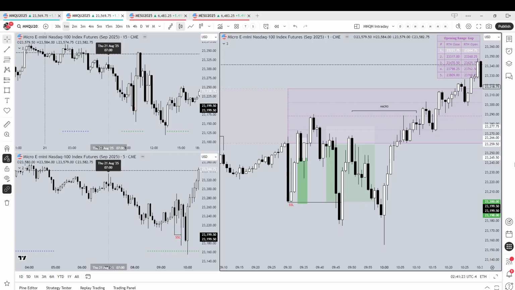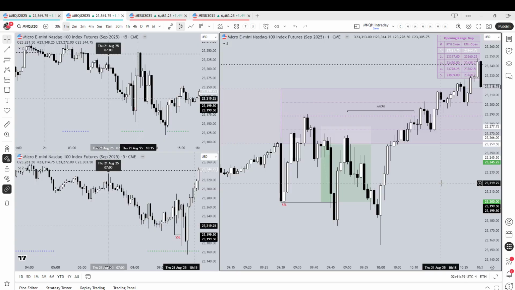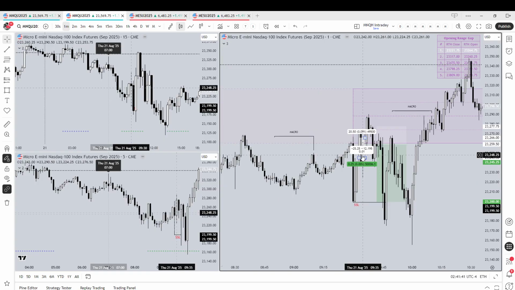Okay, so basically I stopped out with that same candle that we entered on, which is, you know, again, the thing that we want to see. All right, so I took the loss right here. I waited.